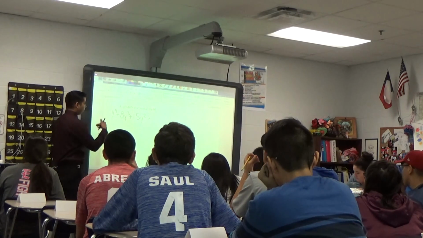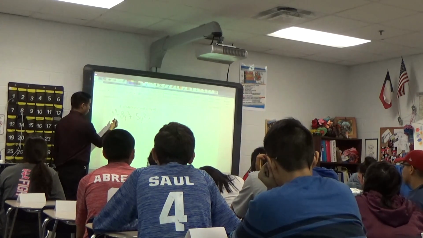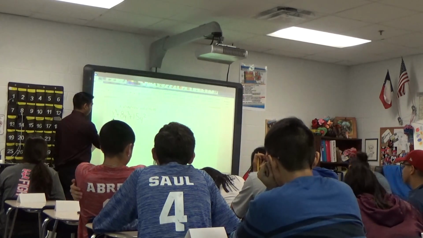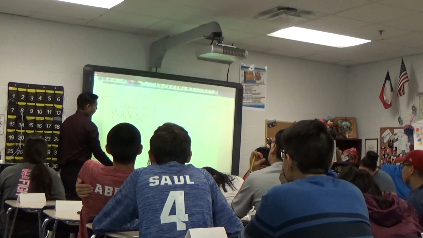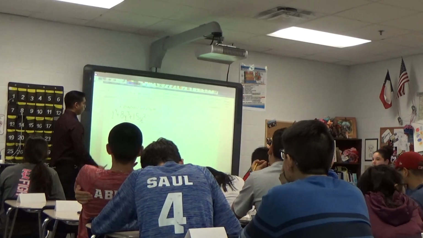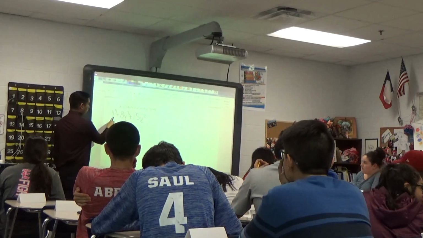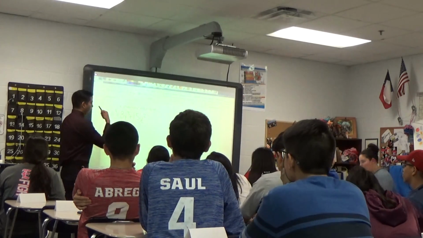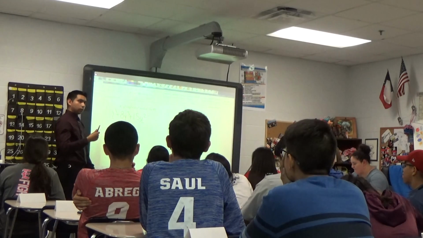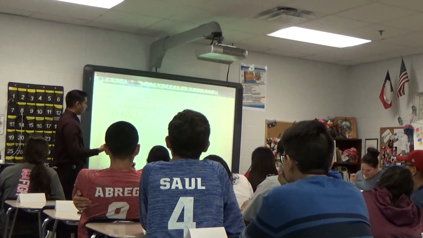So let's look at the next term, which is the y's. We have y to the 4th, y to the 3rd, and y to the 2nd. We could factor out y value.